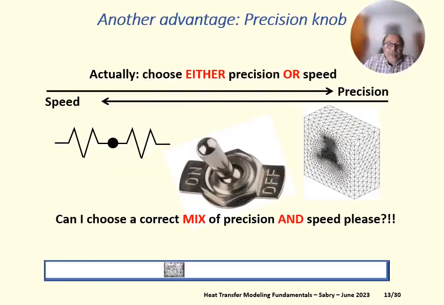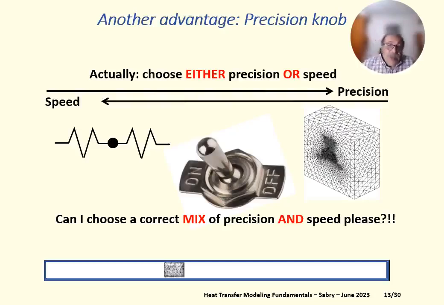There is another advantage, which I have called the precision knob. In fact, we have only two extremes. Either to solve heat transfer problems we use finite element, finite volume, whatever, which is a completely complicated thing. We make meshing and a large number of unknowns and numerical solution, etc., which is very precise but very slow.